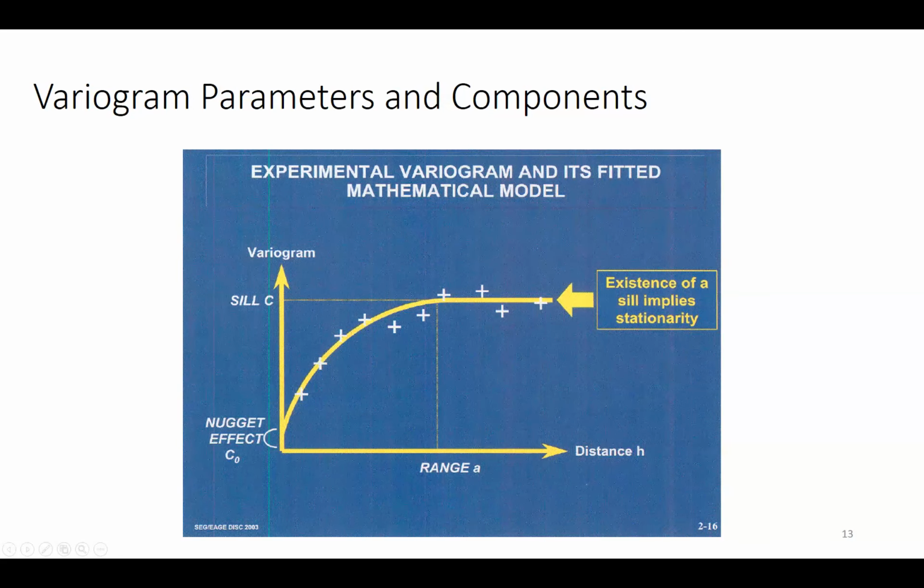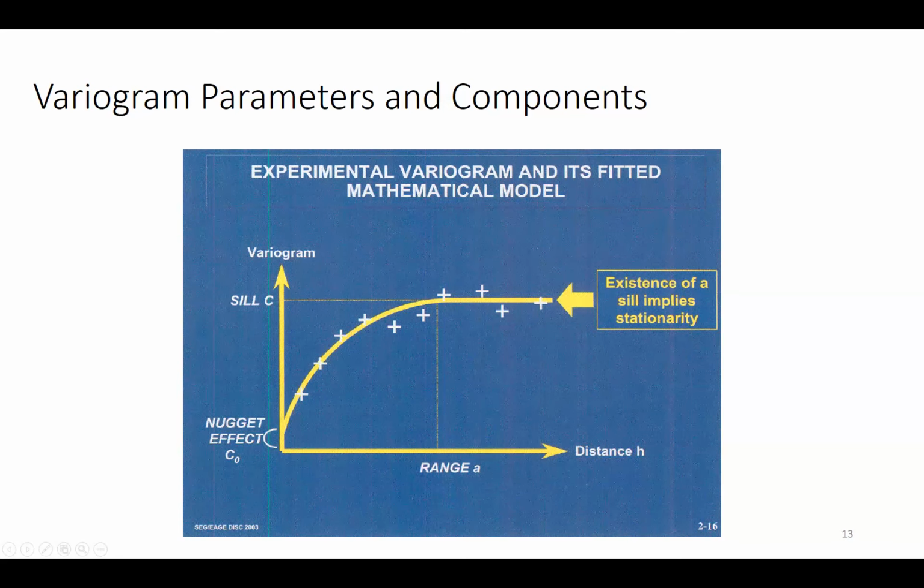Geostatistics. And if we see here, there are three main parameters in a variogram: the sill, the range, and the nugget effect. The sill is the plateau or maximum value of the variogram, which is equal to the variance of the whole samples and represents the total variability of the variable.